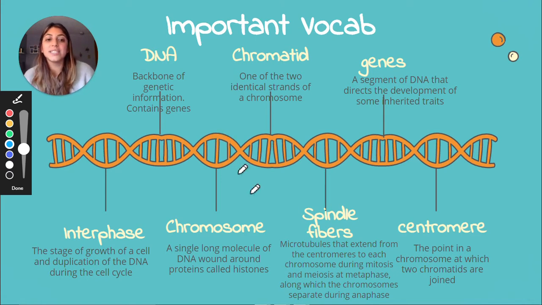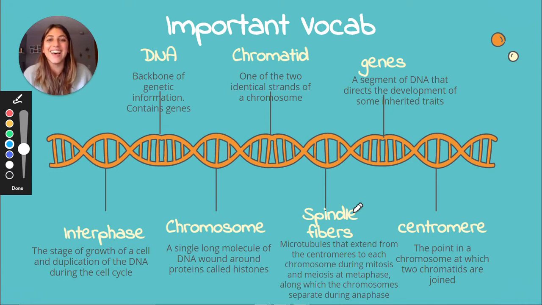Moving on to the centromere. The centromere is the point in the middle of the chromosomes, the chromatids, where they are joined. So when we're talking about metaphase and anaphase, we're talking about those spindle fibers, that's coming next, that's going to connect at those centromeres to pull them apart. And then we have the spindle fibers, and I bring this up all the time just because it is one of my favorite things.